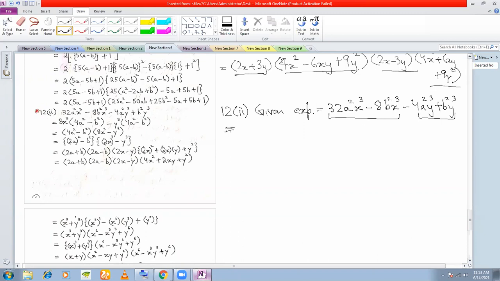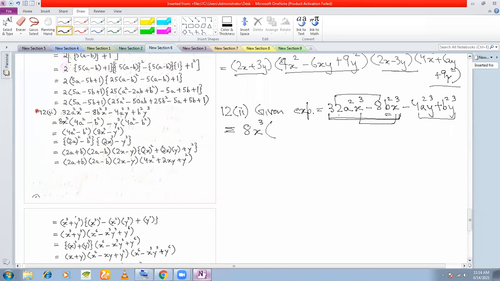happen? From these two, what is the HCF of these two? 32 a square x cube and 8b square x cube. What is the HCF? The HCF here is clearly 8 for 32 and 8. The HCF is 8 for a square, and there's no a square here, so 8 will not appear. And for these two, x cube and x cube, HCF is x cube. That means 8x cube HCF I can take out.